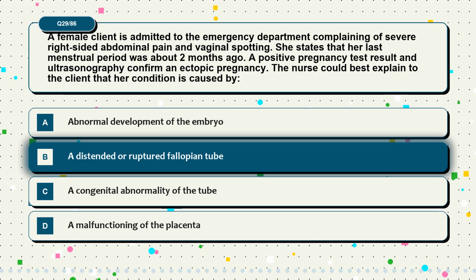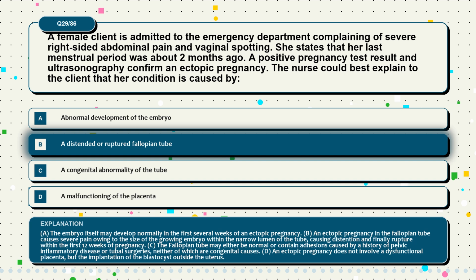The correct answer is option B. A distended or ruptured fallopian tube. The embryo itself may develop normally in the first several weeks of an ectopic pregnancy. An ectopic pregnancy in the fallopian tube causes severe pain owing to the size of the growing embryo within the narrow lumen of the tube, causing distension and finally rupture within the first 12 weeks of pregnancy.